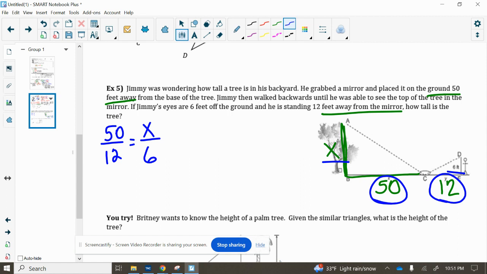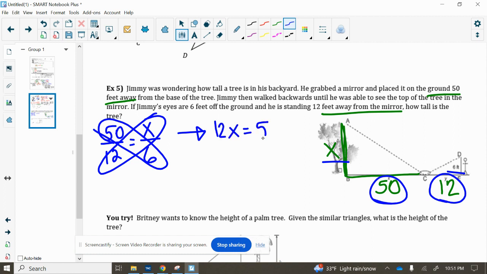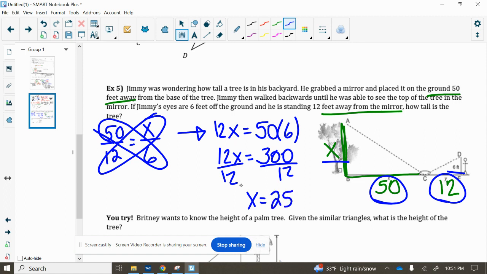And then we also have that the height of the tree is going to be proportional to the height of our person. So cross multiply and solve, we end up with 12x equals 50 times 6, which is 300. And then divide both sides by 12, x ends up being 25.